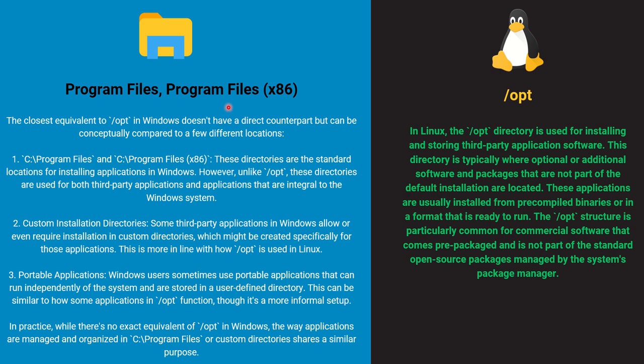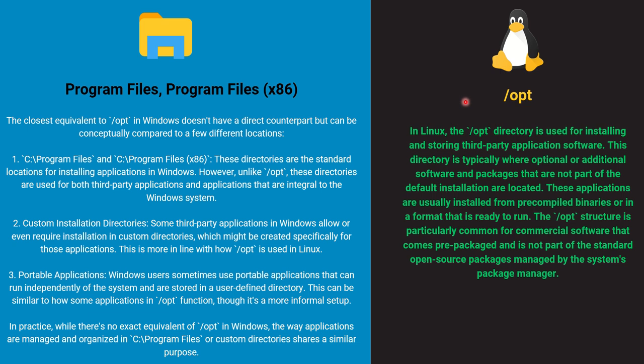Under Windows, we are very familiar that by default applications go into Program Files or Program Files (x86). These are the standard locations for installing applications in Windows. However, unlike /opt, these directories don't just hold third-party applications, they also hold applications that come pre-installed with the Windows system. From a security point of view, Linux is more secure, because the applications that come installed with the Linux operating system are stored in different directories, maybe under /usr/bin, /sbin, or others.